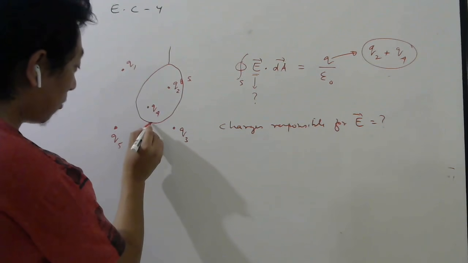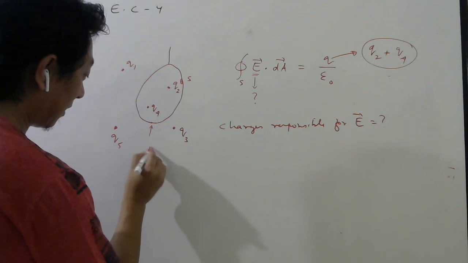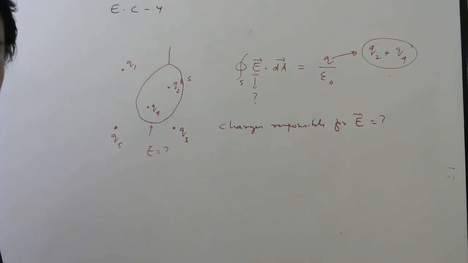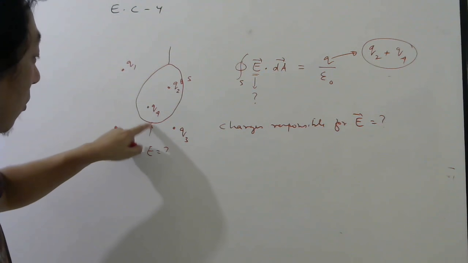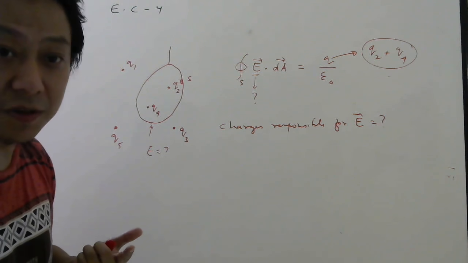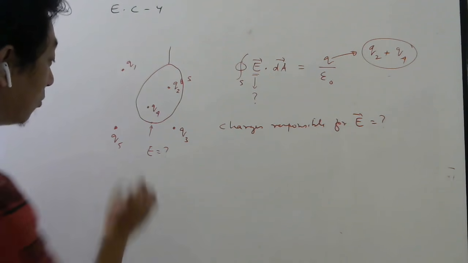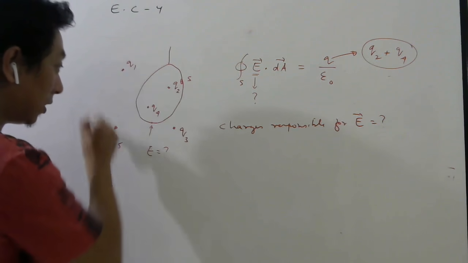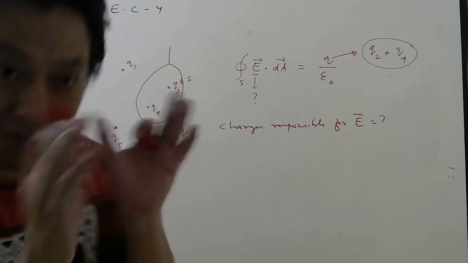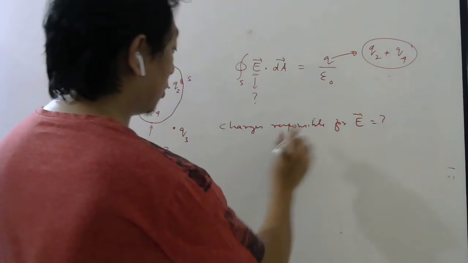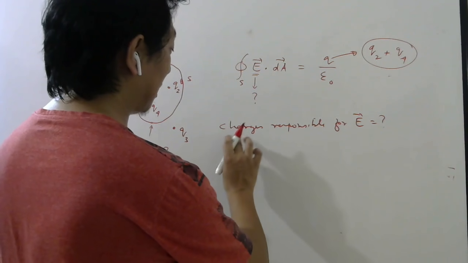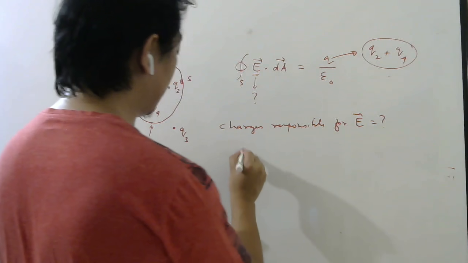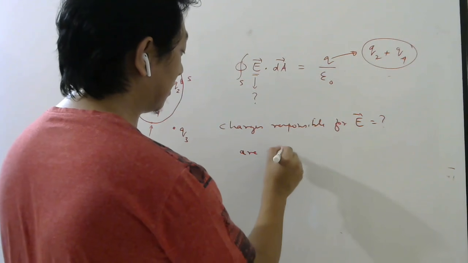No. So if I want to calculate electric field here, I have to use the superposition principle, and therefore I have to calculate electric field here due to each charge. So electric field is produced by all charges. So charges responsible for electric field are which charges? All charges.